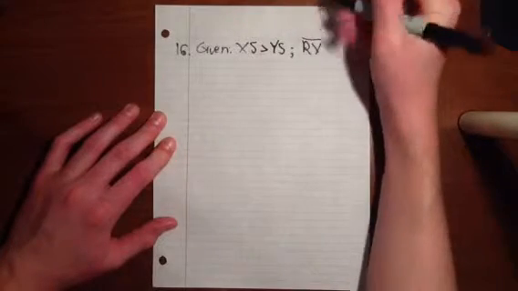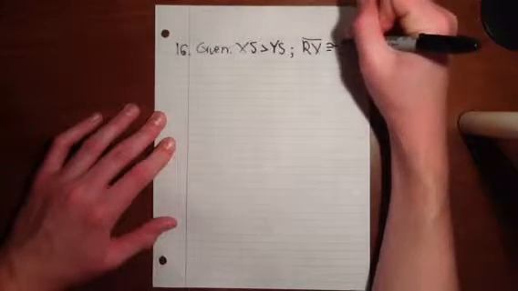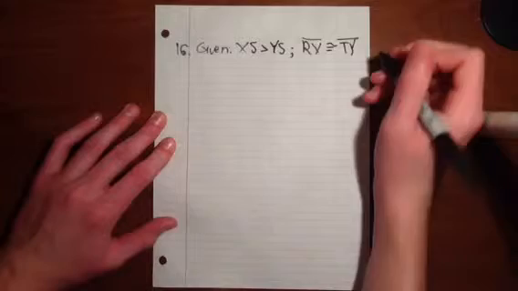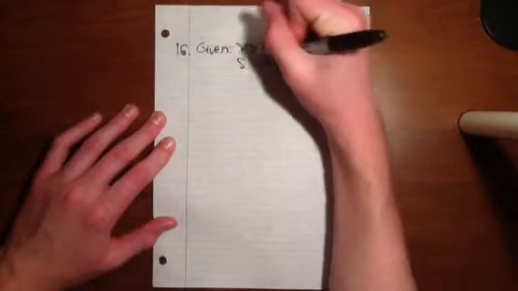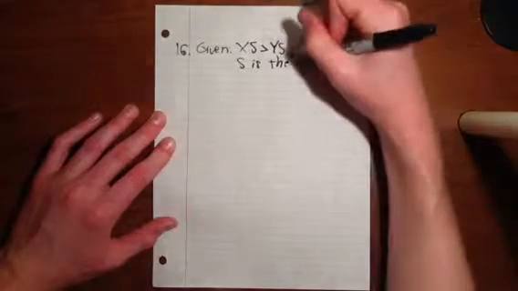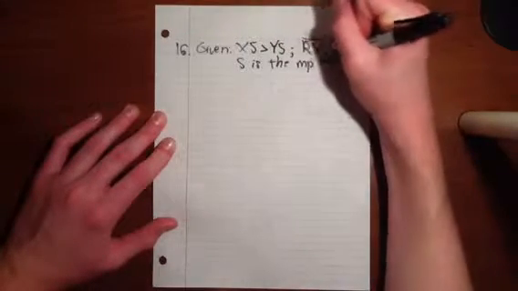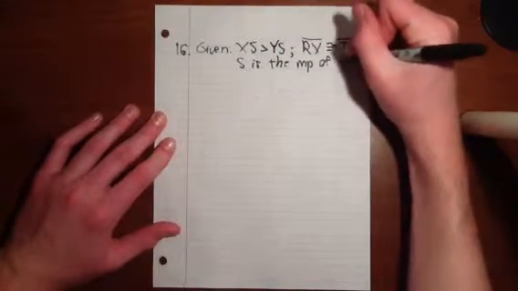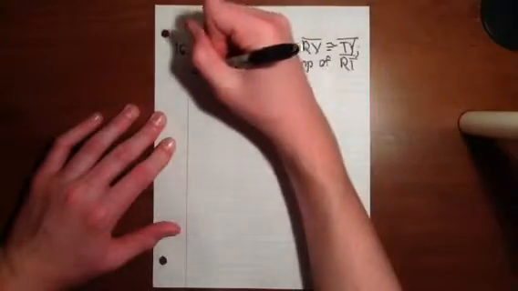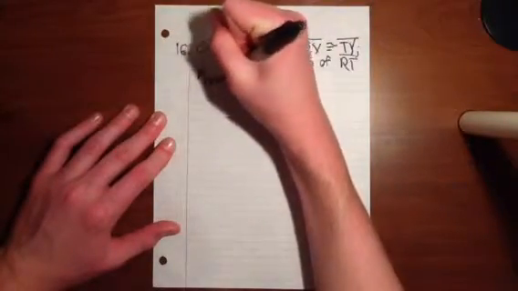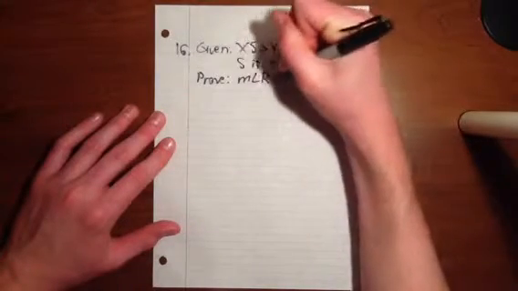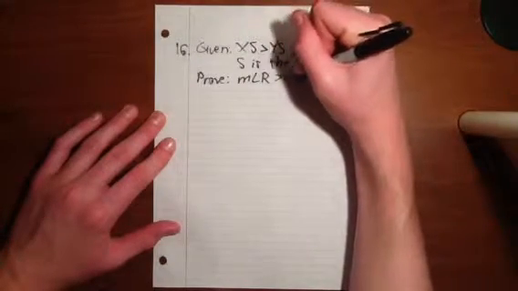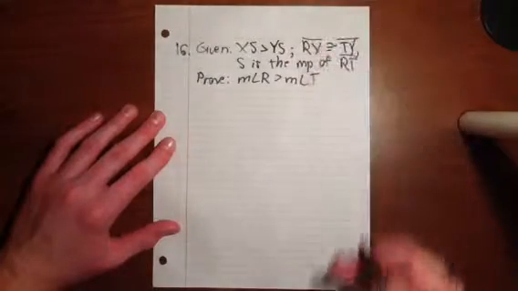Also, segment RX is congruent to segment TY. Final bit of information that's given is that S is the midpoint of RT. Okay, now what we have to prove is that the measure of angle R is greater than the measure of angle T.